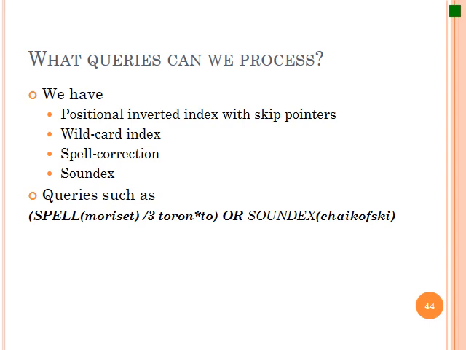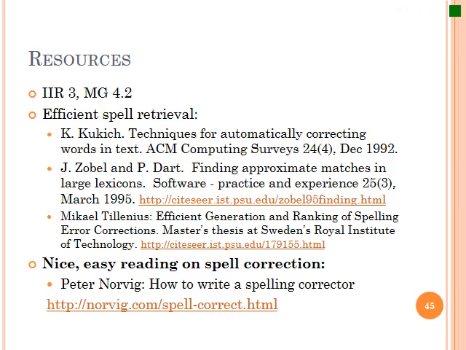Now we can answer complicated queries, like spell Morissette, which means I'm not sure about the spelling, so give me all the words that spell similar to this, within 3 characters, combined with a wildcard query. Or Soundex Tchaikovsky, so give me things that sound similar to Tchaikovsky. So we can handle complex Boolean tolerant queries like this. All right, so that's it.